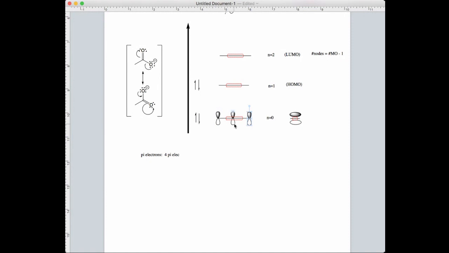Underneath, same phasing, constructive interaction. Zero nodes. Next one, we will have one node. So for one node, it means that it has one disruptive interaction, one change in the sign of the wave function.